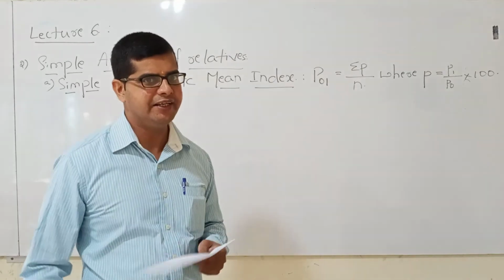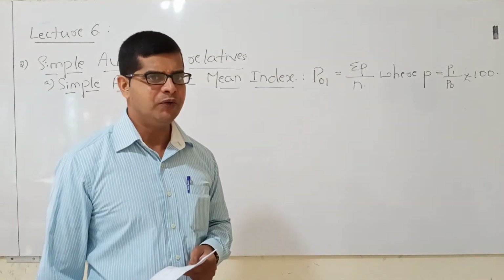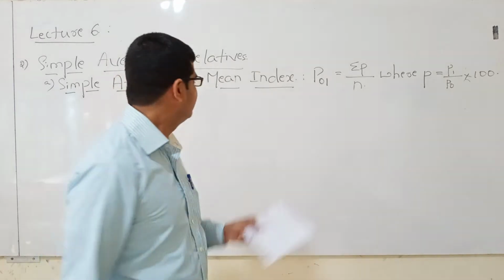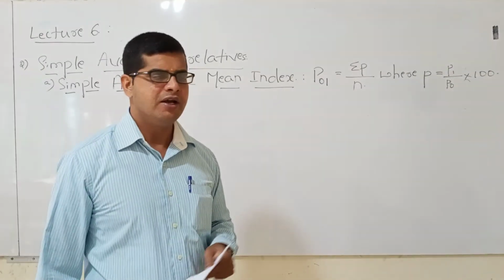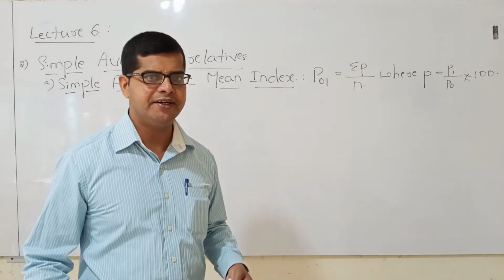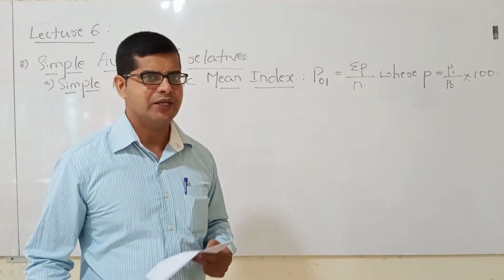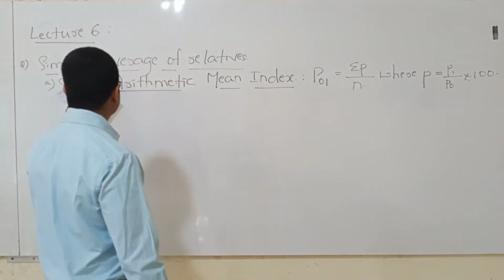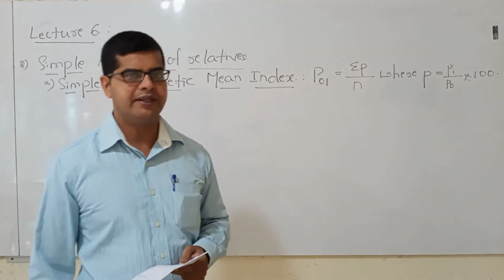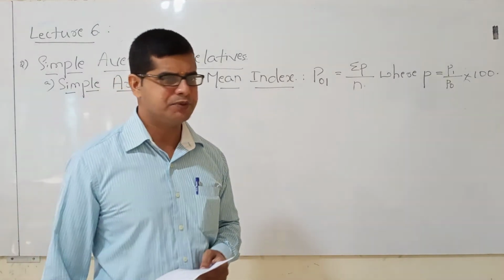So we are still there in the first method, unweighted price index. In that there are two types: simple aggregative method and simple average of relatives. Under the simple aggregative method, we applied the formula and calculated the percentage change. Now we are discussing the second method, simple average of relatives. In that, how to construct the index number. Two types under that.